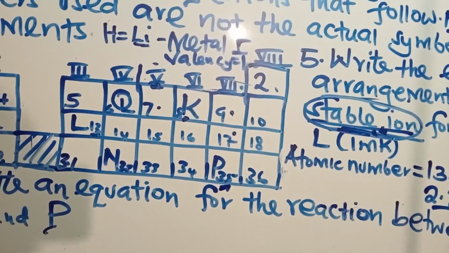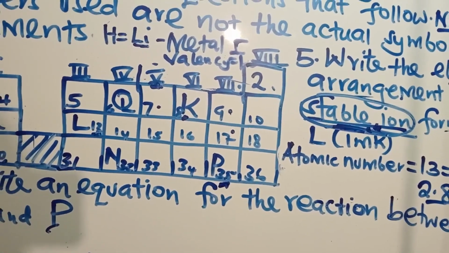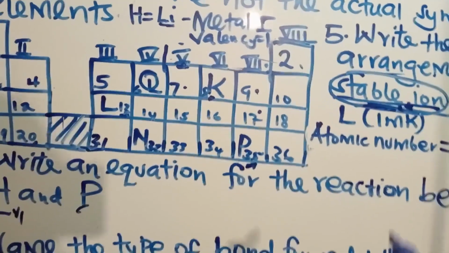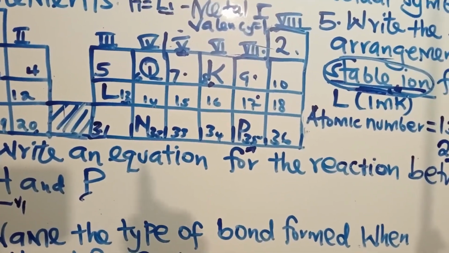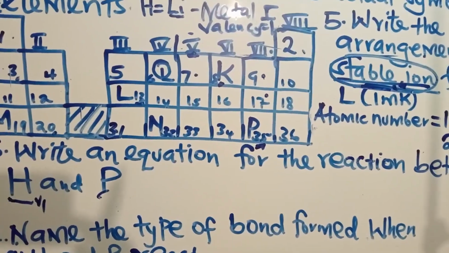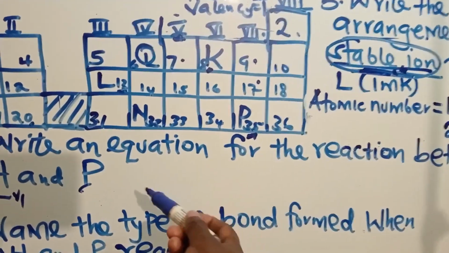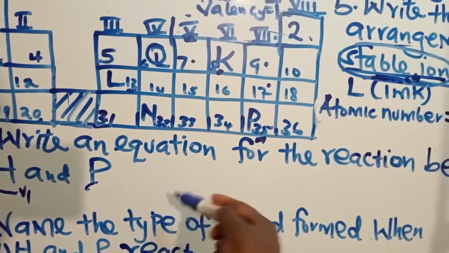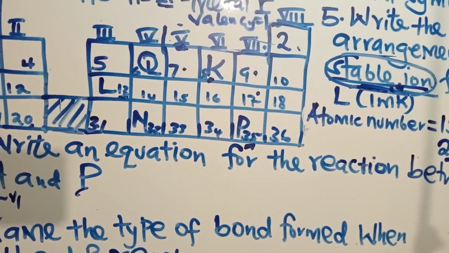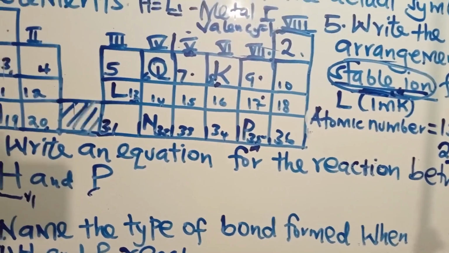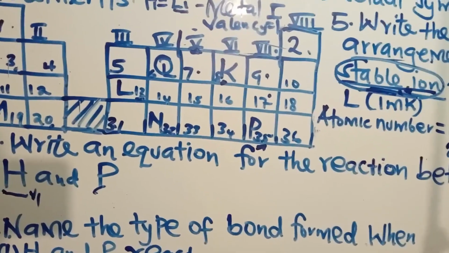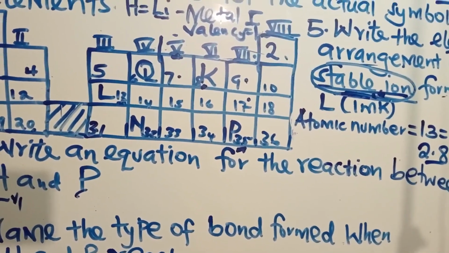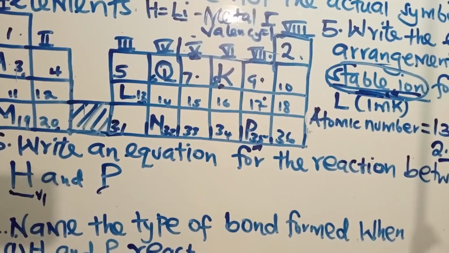And just that little information is enough for you to write the correct formula for the compound that will be formed. So again, remember that even though the kind of equation required here is a chemical equation, you must write a word equation somewhere else using the real identity of those elements, so that you are able to predict what kind of equation you will write.